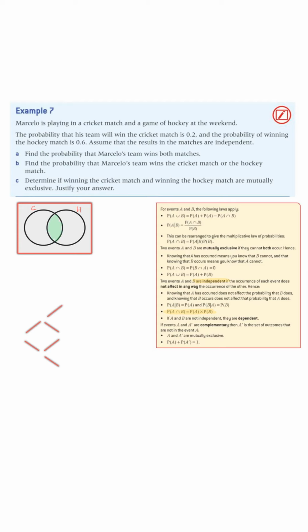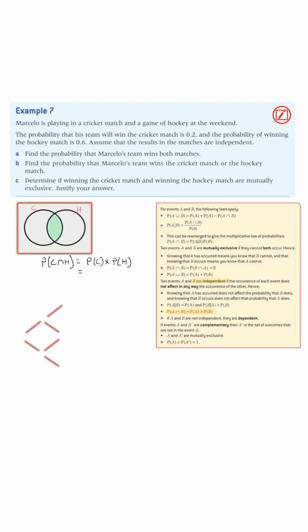So let's have a look at that. So we've got the probability of that intersection, which is the probability of C intersection H, equals the probability of C times the probability of H.